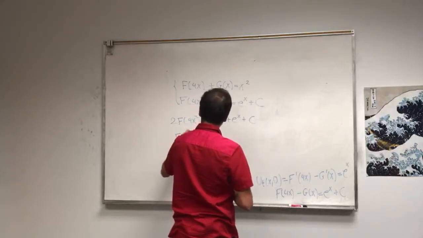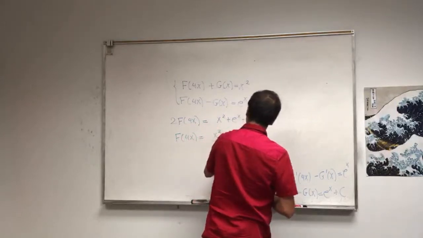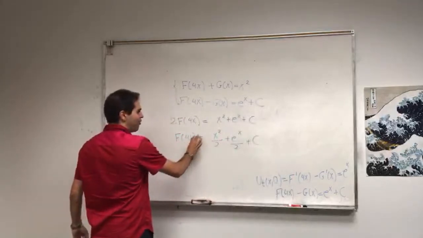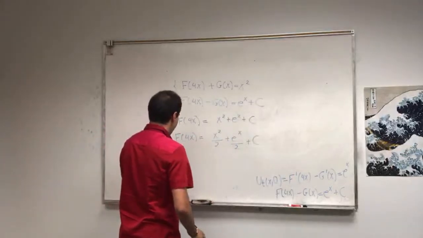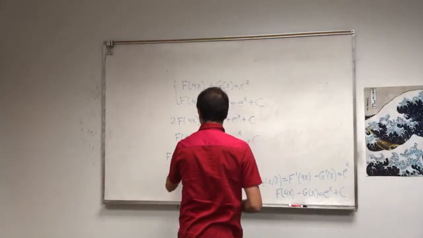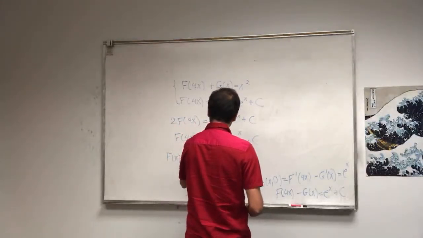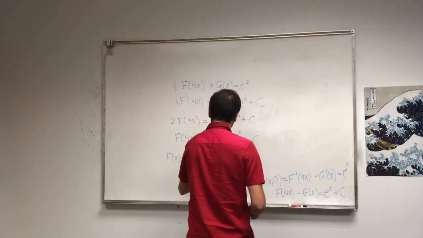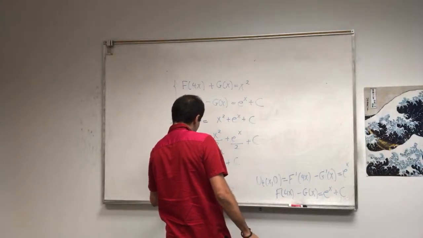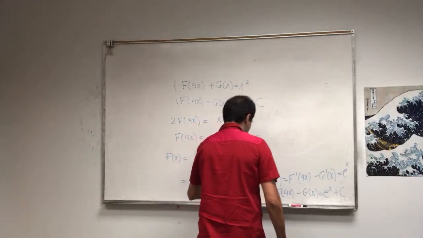So f of 4x equals x squared over 2 plus e to the x over 2 plus a constant. And if f of 4x is that, f of x is the whole thing where instead of 4x, you divide everything by 4. So (x over 4) squared over 2 plus e to the (x over 4) over 2 plus a constant. And that gives you x squared over 32 plus e to the (x over 4) over 2 plus a constant.